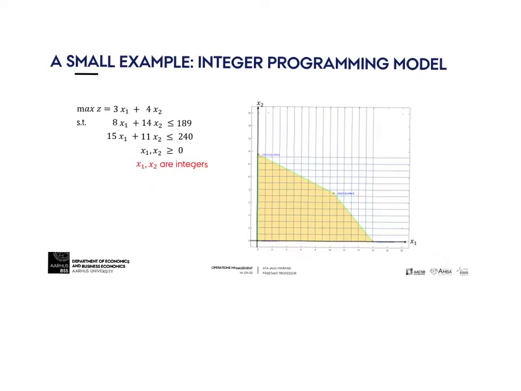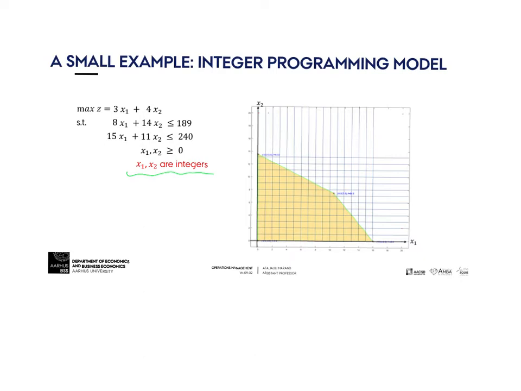From the LP to integer programming, you only add one extra constraint. Here in this example, x1 and x2 are integers. Now if we think about solving the LP model graphically, you can think about the feasible region.